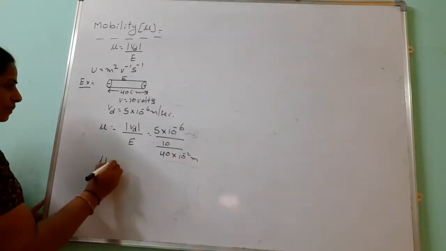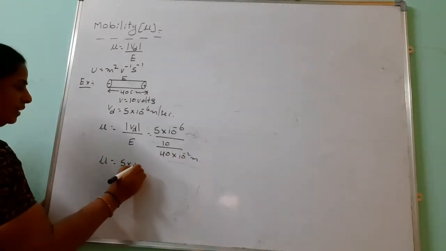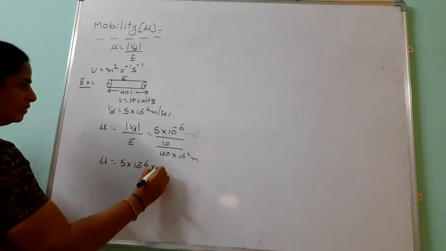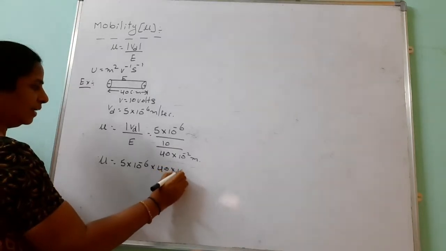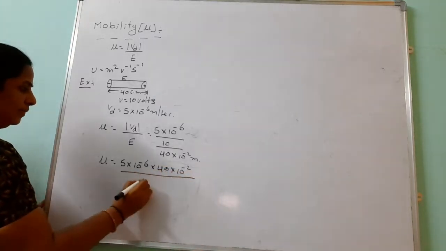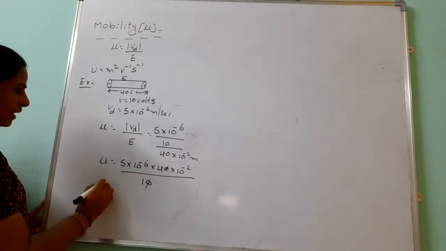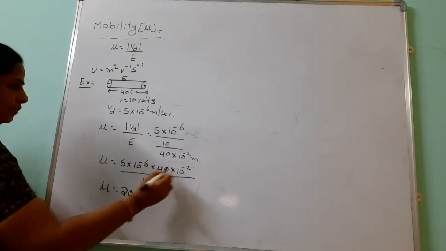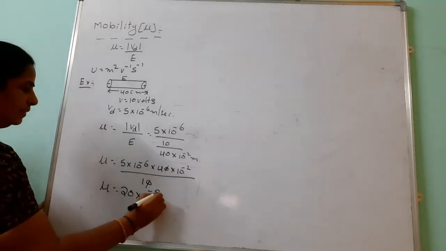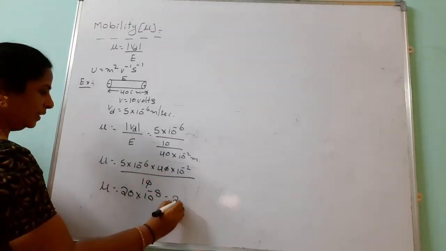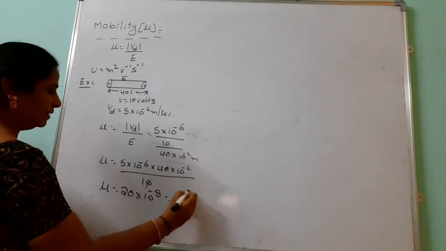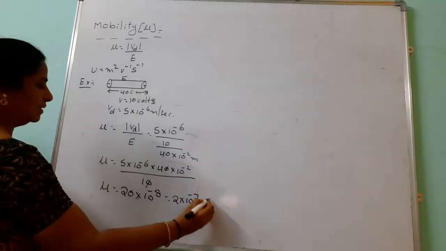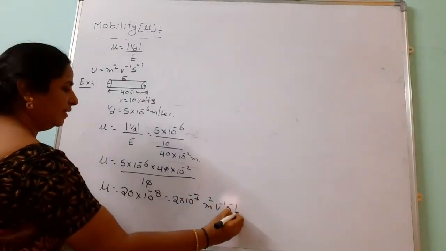Then mu equals 5 into 10 to the power of minus 6 into 40 into 10 to the power of minus 2 by 10. So the 10 cancels, and the answer is 20 into 10 to the power of minus 8, which should be 2 into 10 to the power of minus 7. The unit is meter square volt inverse second inverse.